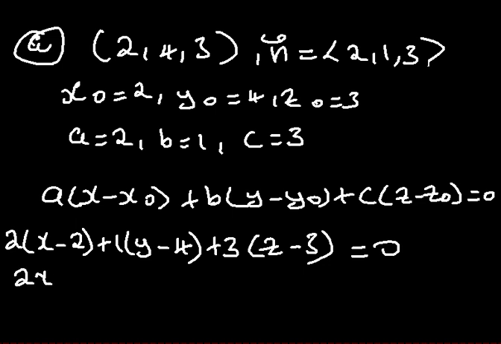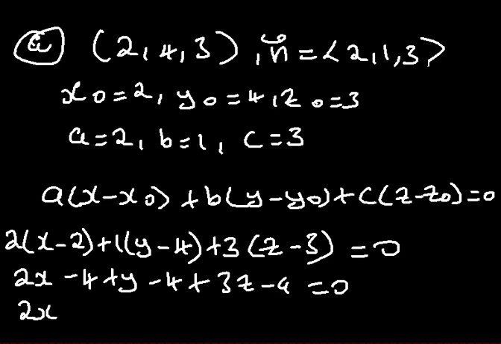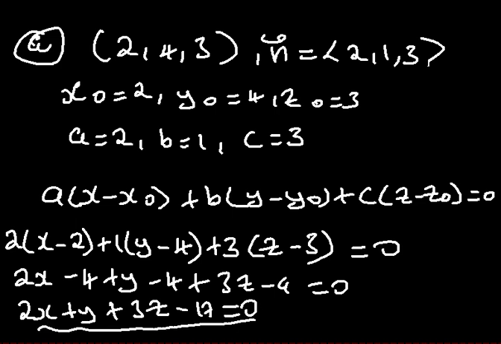So we have 2x minus 4, plus y minus 4, plus 3z minus 9, equal to 0. I'll put the like terms together: 2x plus y plus 3z, and negative 4, negative 4, negative 9, that is negative 17, equal to 0. Now this is the equation of a plane that we are looking for.